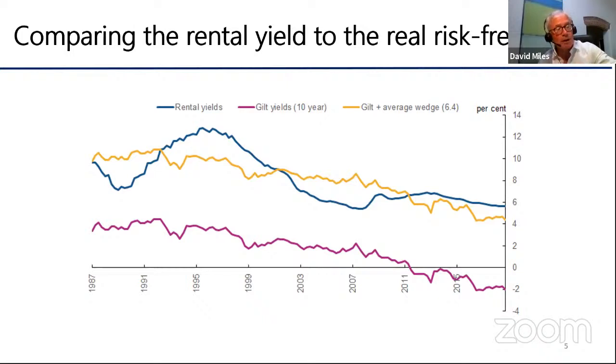Both lines stop in about 2019. I think if you push them forward to today, they might even both be a bit lower. Certainly the 10-year will be more like minus 2.5%. Average rental yield in the UK varies a lot across the UK, as we all know, but probably not far from 5%. So these lines have moved down in lockstep.